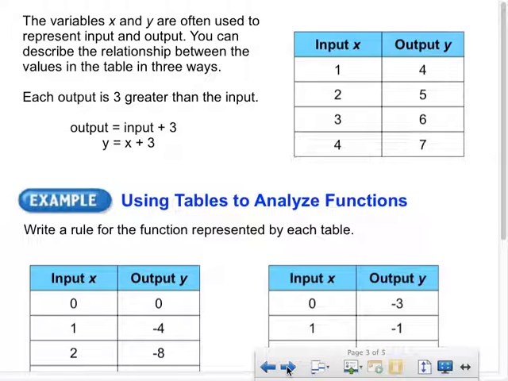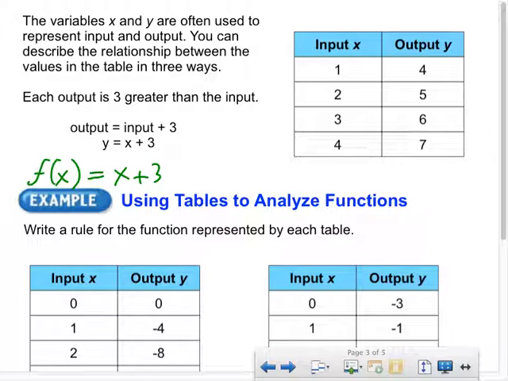Okay, so just to kind of tie this in with what we showed earlier, input, output. So here is my algebraic expression, x plus 3, right? You guys see that? So the way you would see this as a function, sometimes I'll write it as the function of x equals x plus 3, okay?